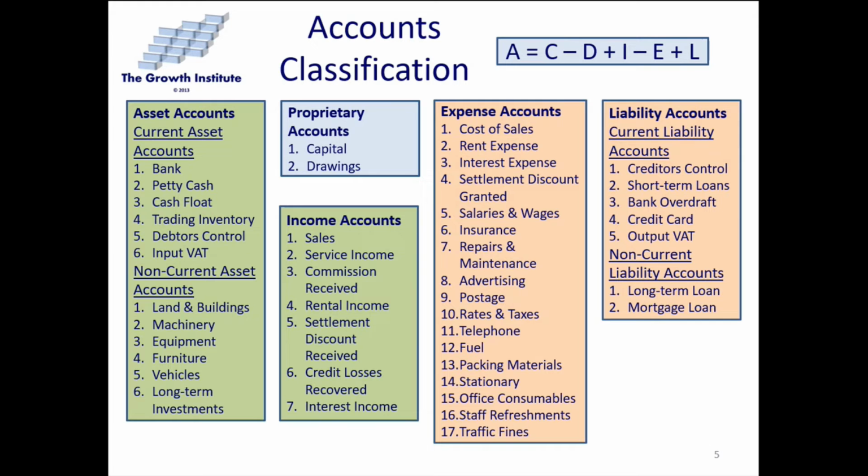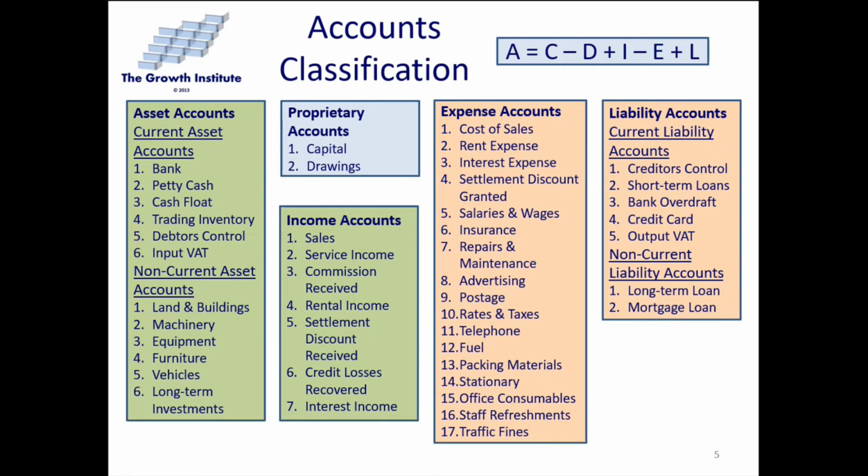With non-current assets, it can be changed into money, but it's going to take a long time. Because we have to give a cutoff point, we say that if the asset can be turned into money within the year, we call it a current asset, and if it takes longer than a year, we call it a non-current asset.